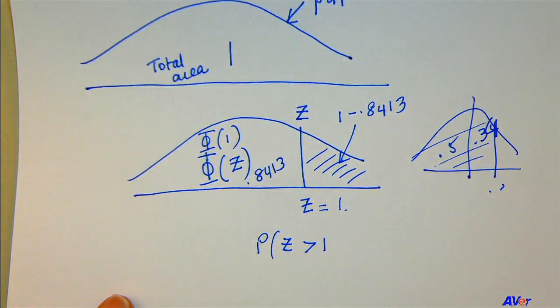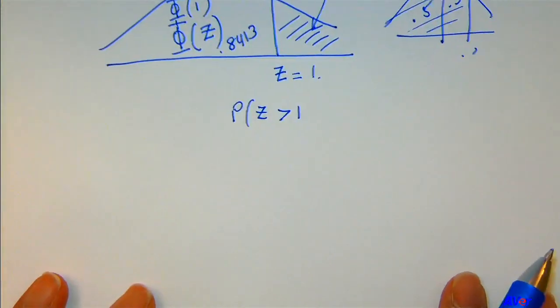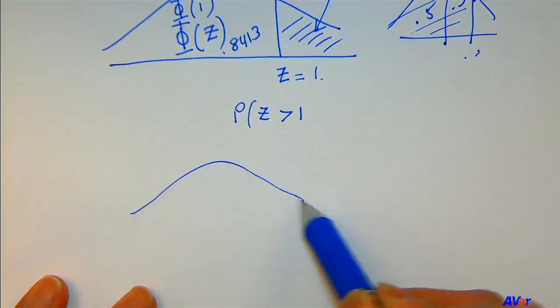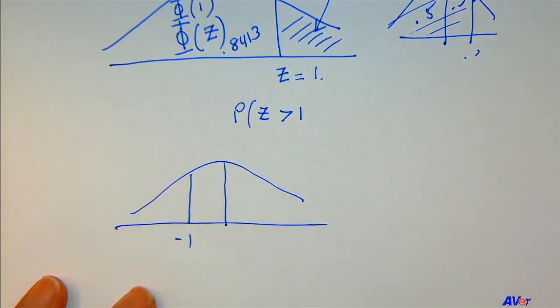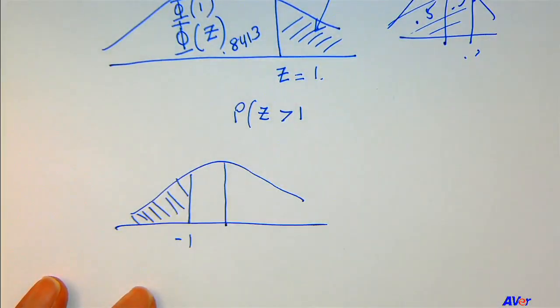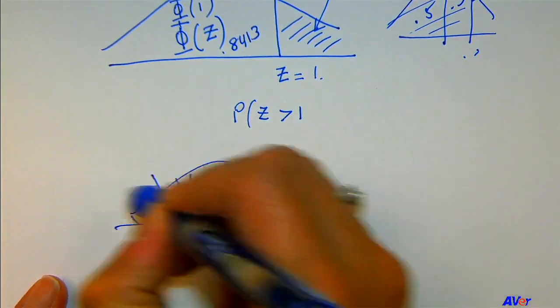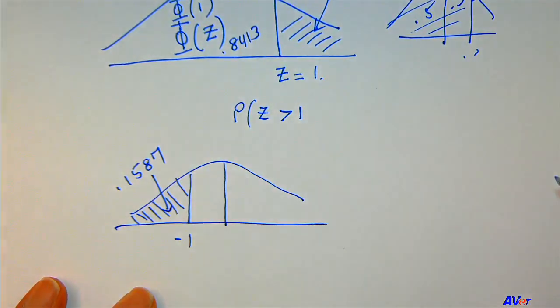Yeah? Okay. What about probability z less than minus 1? So I'm here at minus 1, and I'm interested in this area. What do you think? 0.1587. Yes, 0.1587 from looking up the minus part of the table, right?